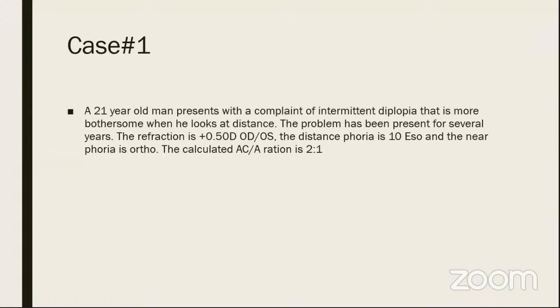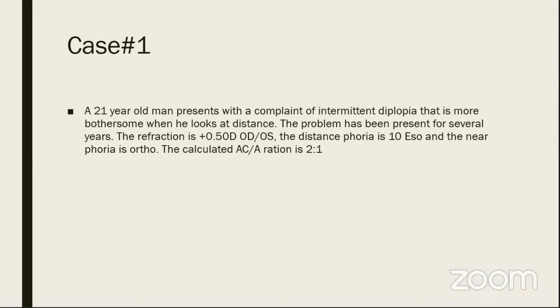So prescribing this refractive error would have no effect, because, as we know, the AC/A ratio is low, so prescribing plus 0.5 has no effect on reducing the distance phoria.